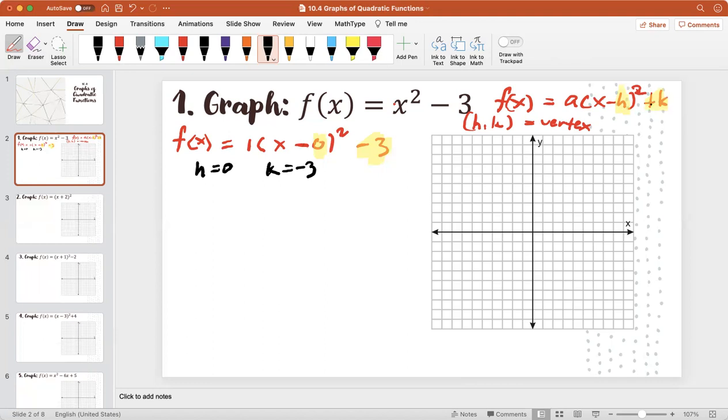And whatever sign you have for the constant term, that would be your k. So it would be (0, negative 3). Therefore, your vertex is the point (0, negative 3).